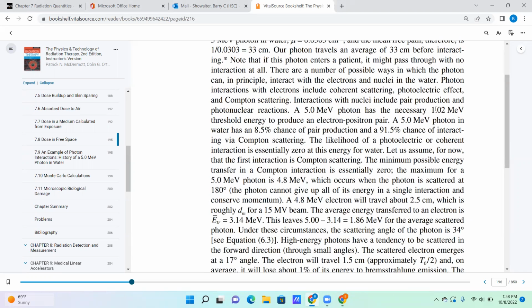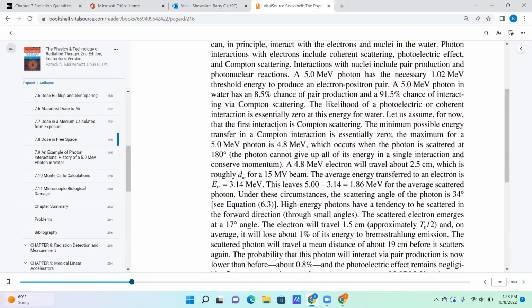A 5 MeV photon has the necessary 1.02 MeV threshold to produce an electron-positron pair. The 5 MeV photon in water has an 8.5% chance of pair production and a 91.5% chance of interacting via Compton scattering. The likelihood of a photoelectric or coherent interaction is essentially zero for that particular energy in water.